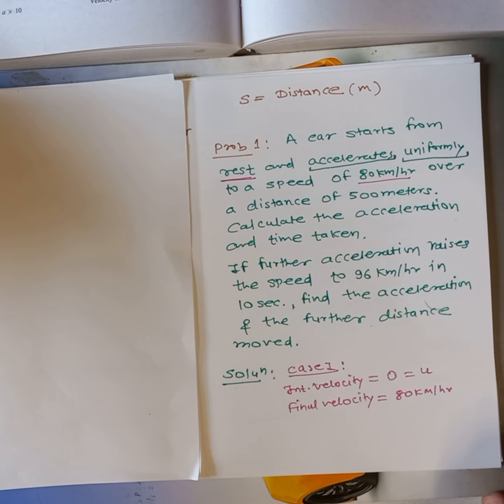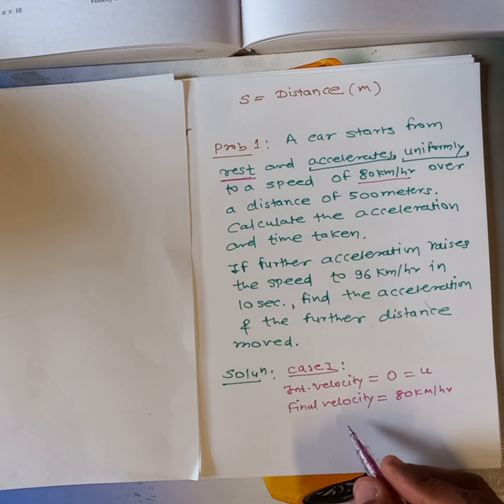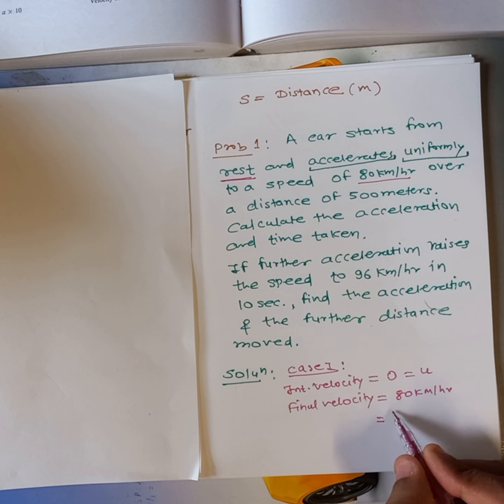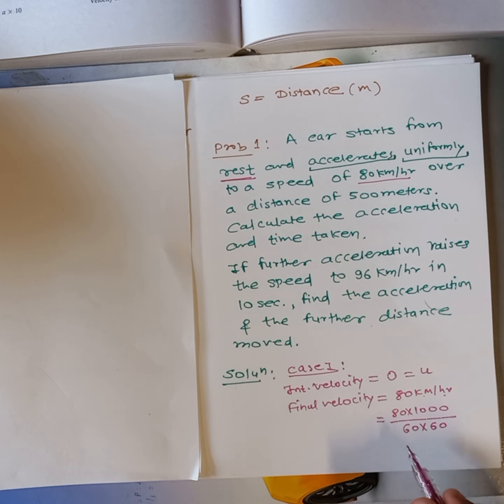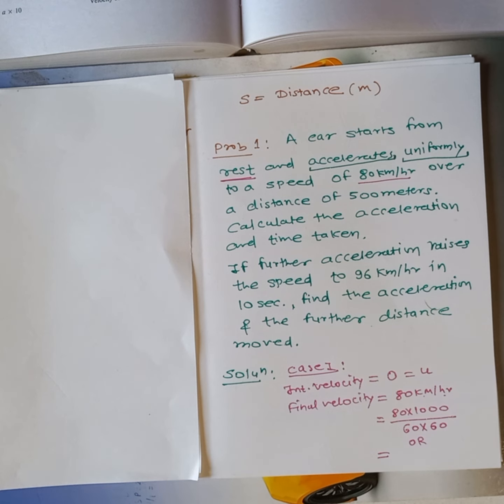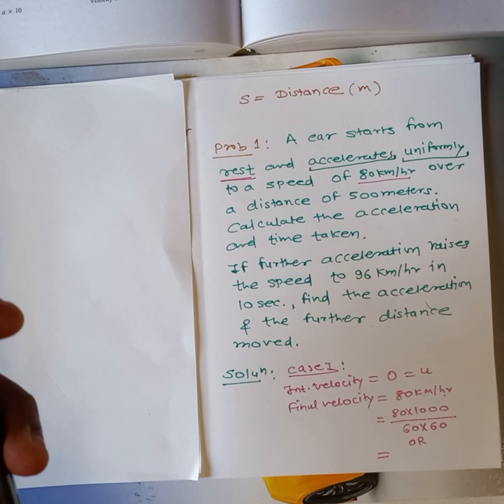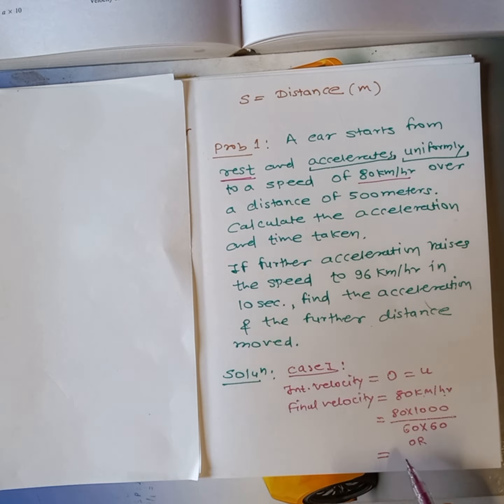But we want the velocity in meter per second, so it is better to convert this. There are two ways. The first way is to convert kilometer to meter by multiplying by 1000 and hour to second by multiplying by 60 and 60, or simply you can use a calculator. Or you can use a factor, that is 3.6.